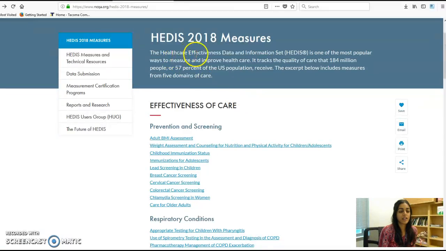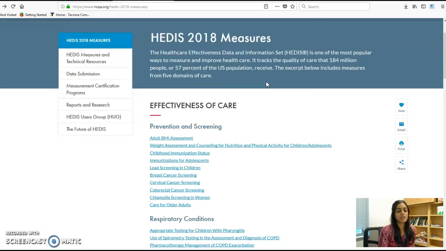So Healthcare Effectiveness Data and Information Set is one of the most popular ways to measure and improve healthcare. It tracks the quality of care that 184 million people, or 57% of the US population, receive. It's a huge data set.